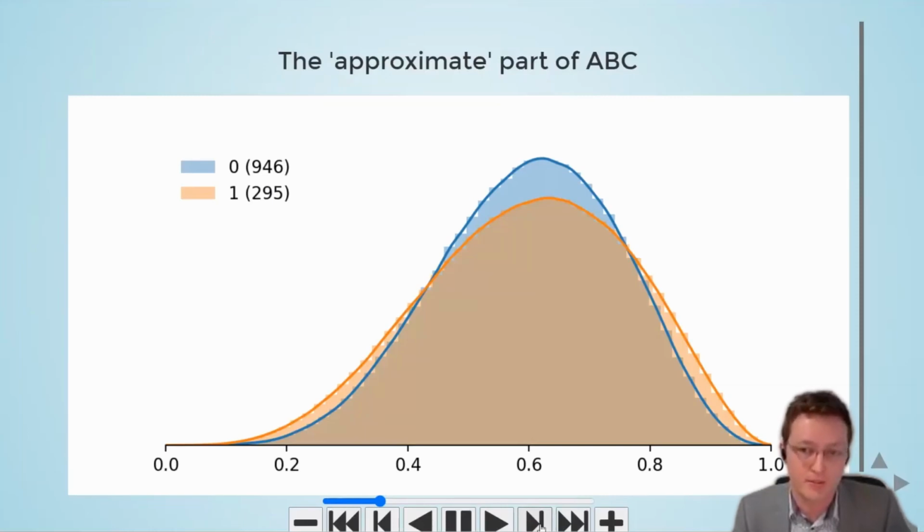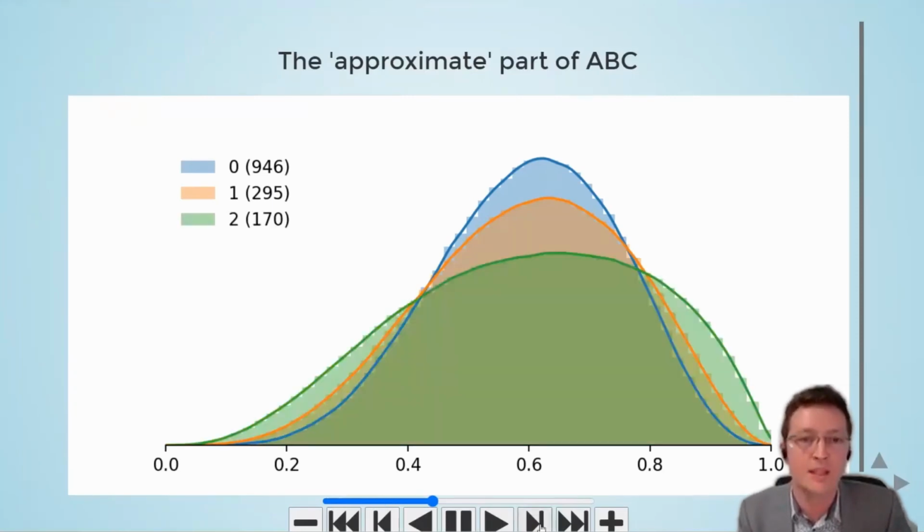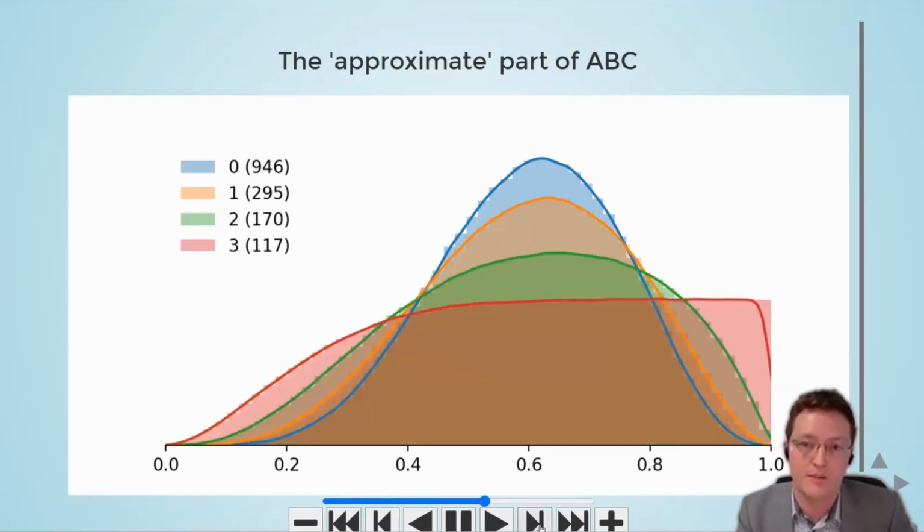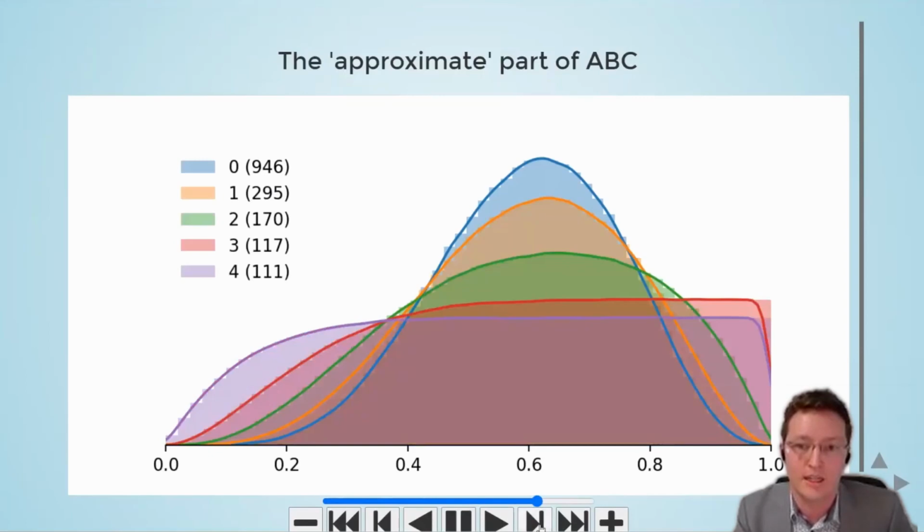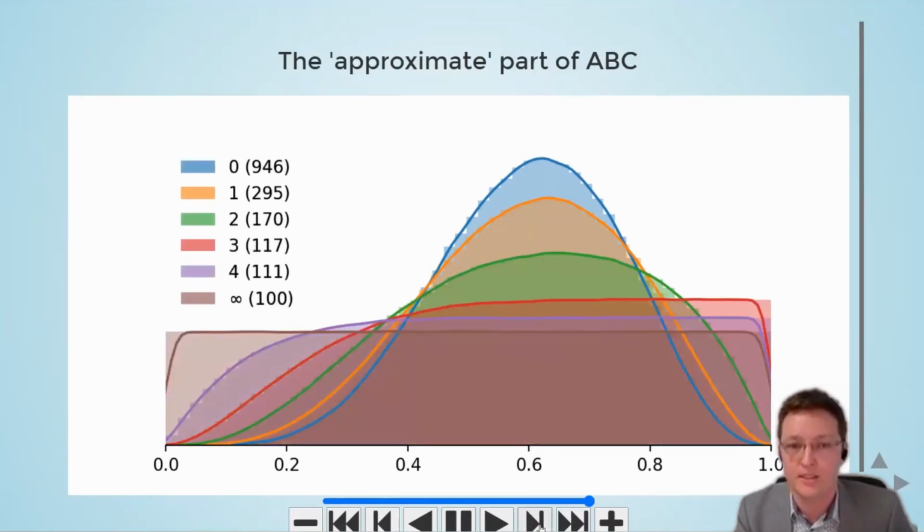We're not very far off it, but we're a bit wider, and that's the trend that we'd expect. If we are less and less discerning, and epsilon gets larger, then eventually our approximation degrades, and this last one is where we've accepted everything. Epsilon is infinity, and there's no posterior here at all. We're just recreating the prior that we started with.